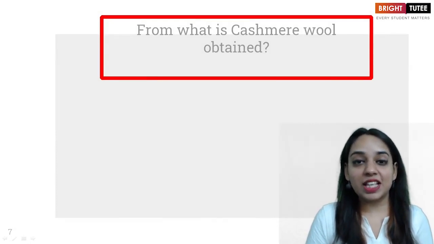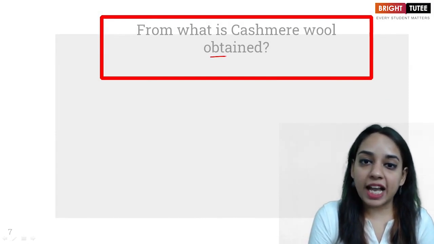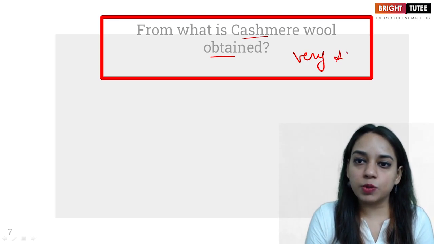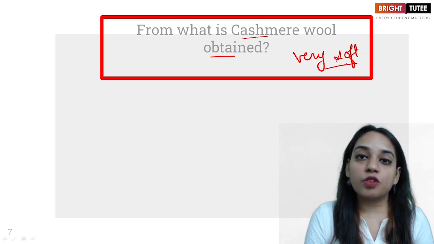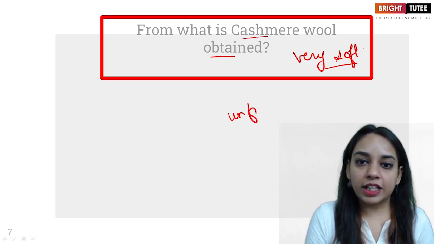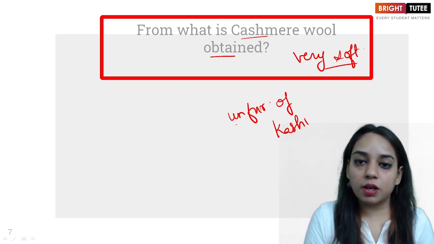Now guys, the question is, from where is Kashmir wool obtained? So guys, Kashmir wool is very soft. It is very smooth and it is obtained from the underfur of, not sheep, Kashmiri goat. Okay guys, is it clear to you?